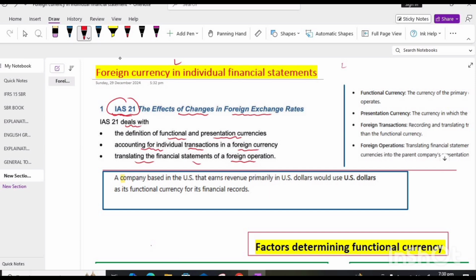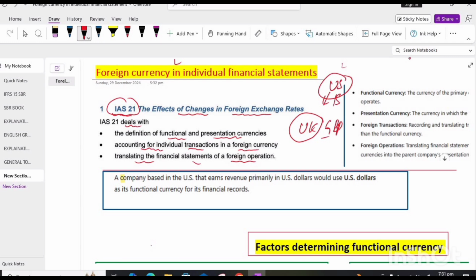So, for example, let's say a company in the UK has a branch in the US. IAS 21 guides how the UK parent company translates this US branch's financial results into the currency it uses, sterling GBP.